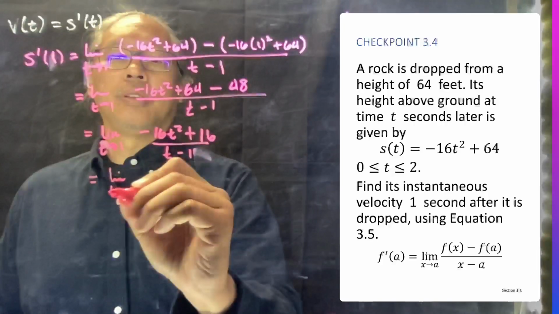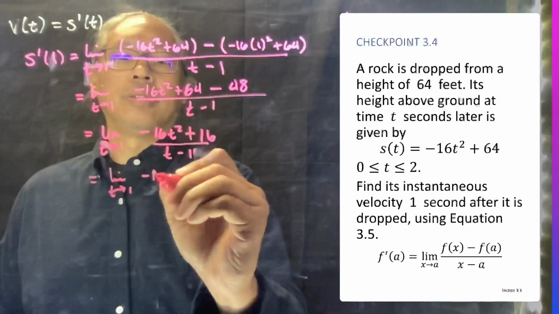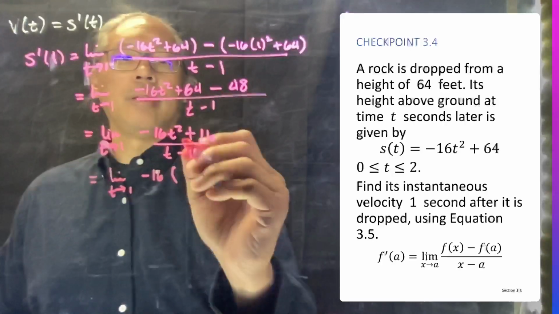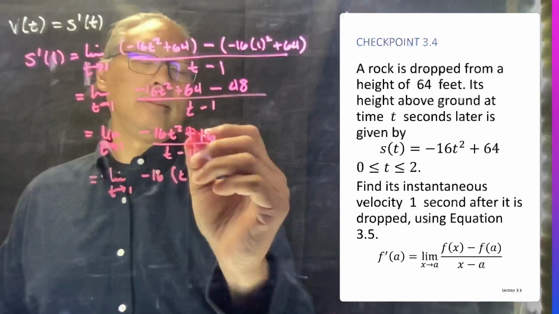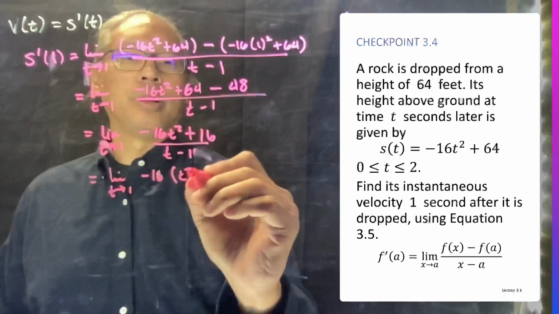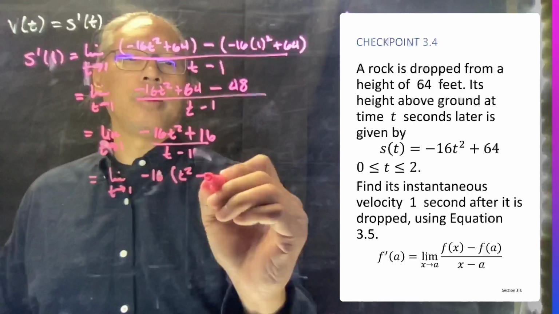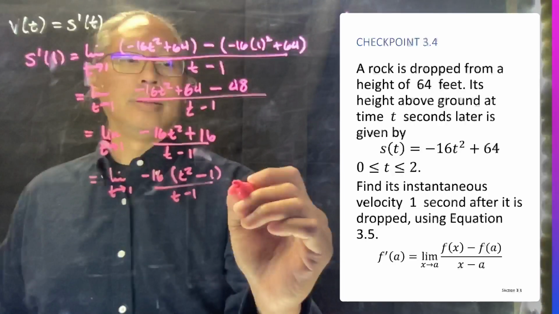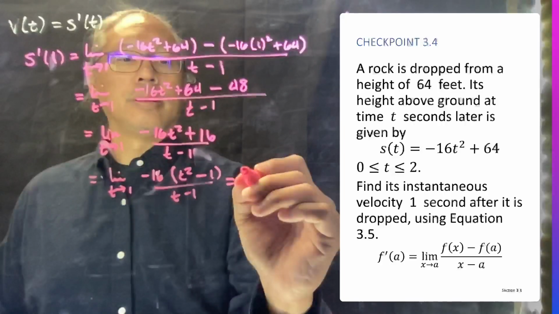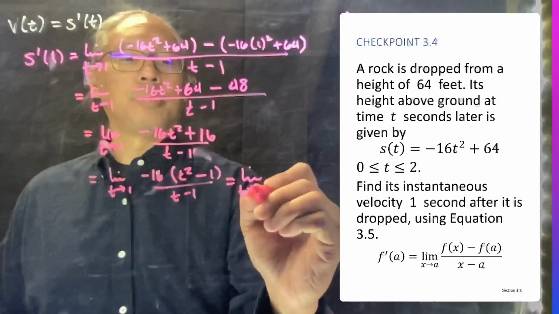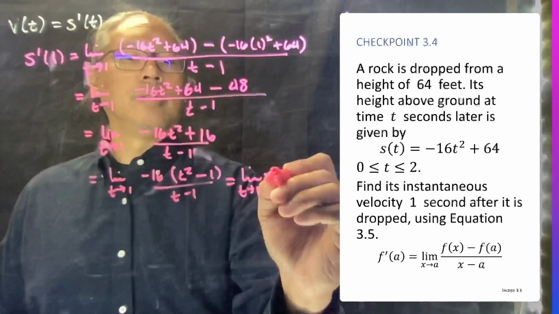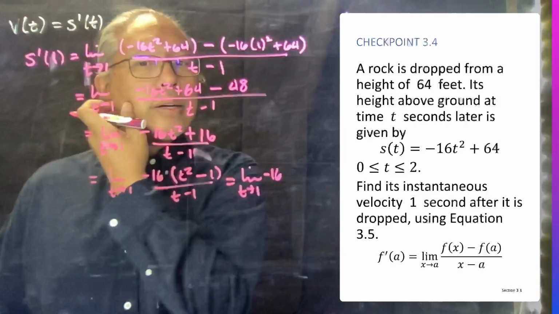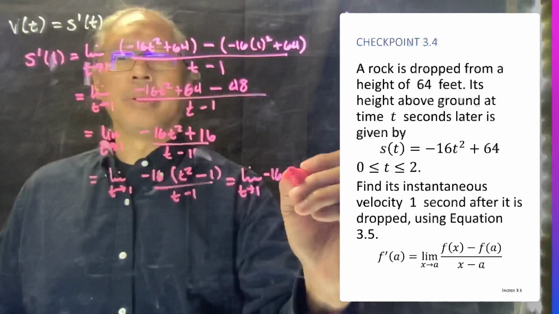Okay, now we can factor out a negative 16. So we'll have the limit as t approaches 1 of negative 16, and then after we factor that out in the numerator, we're going to get t squared minus 1 over t minus 1. And let's do this here in the same line. Limit as t approaches 1 of negative 16. Actually, we could have taken negative 16 out, but we'll keep it here.